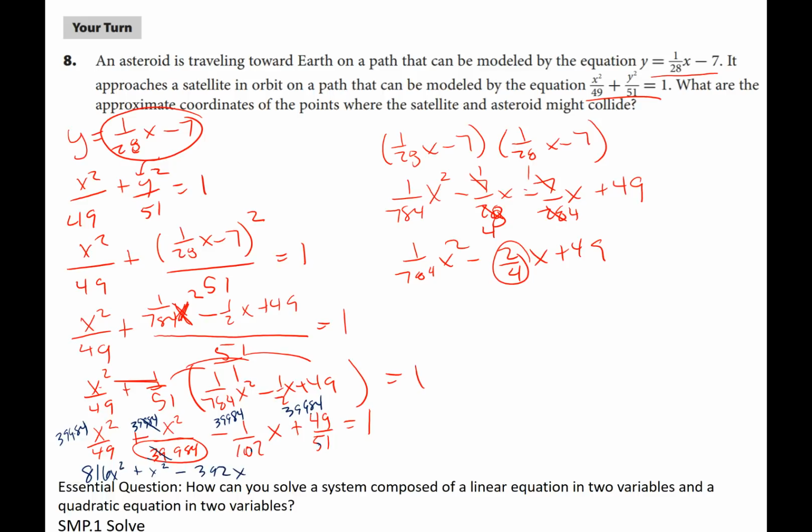And then 51 goes into that number 784 times, and you've still got to multiply by 49 equals 1. Oh, sorry. We have to multiply this one by the 39984, so you get 39984 there.